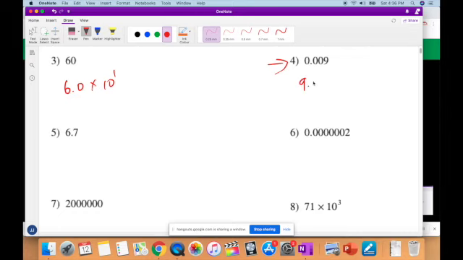9 multiplied by 10 to the power of negative 4. So if I had 9.0 times 10 to the negative 4, that means I'm moving the decimal space 4 spaces. 1, 2, 3, 4.